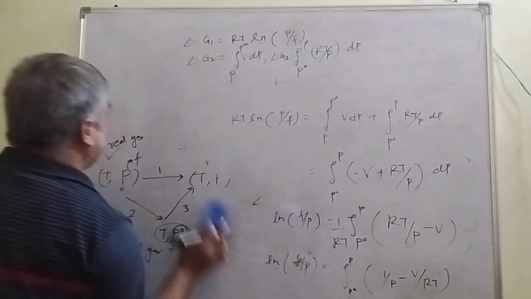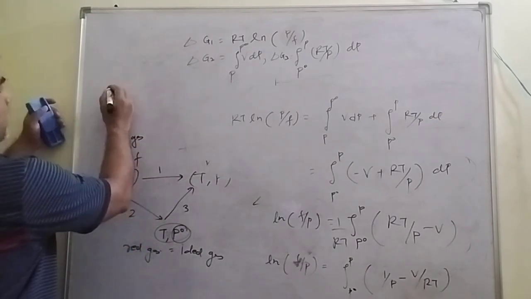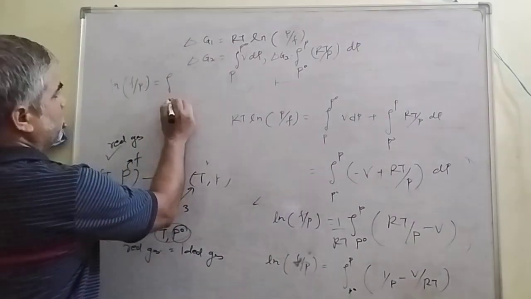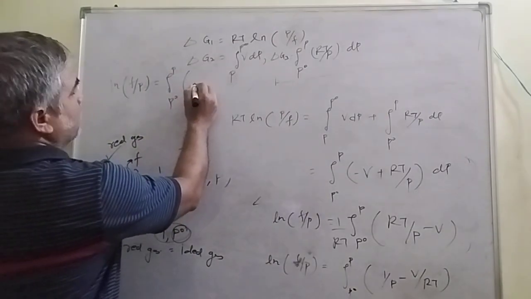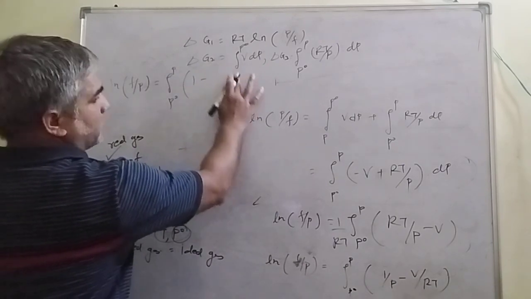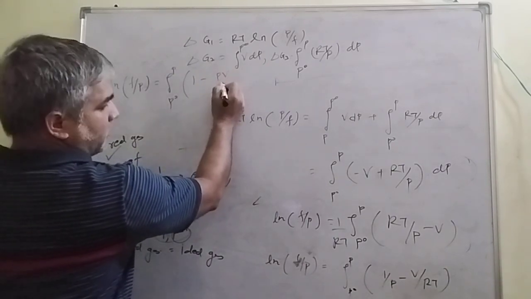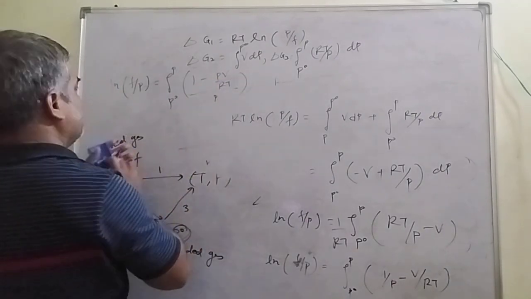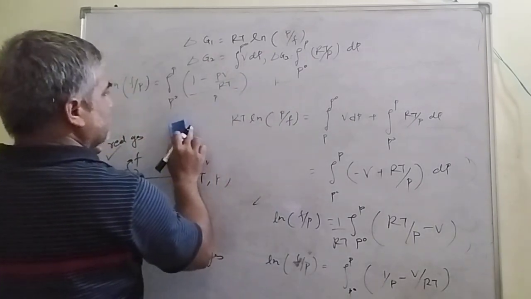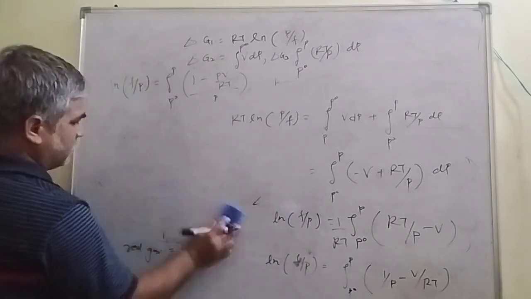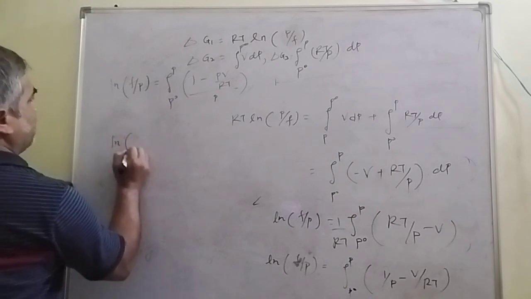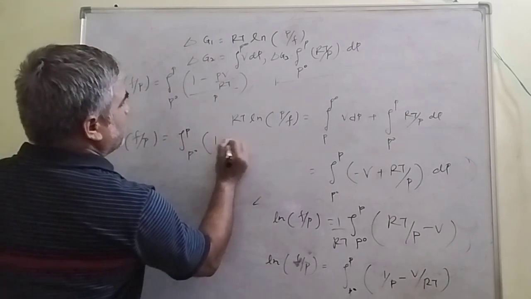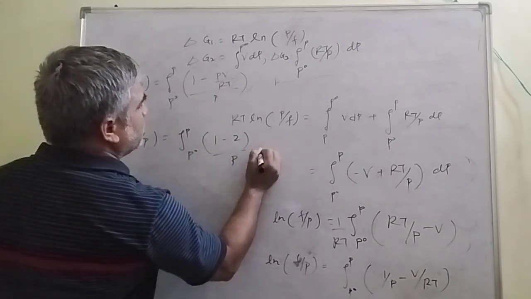Which I can easily write as ln of F by P equal to the integral from P naught to P of 1 minus PV by RT, upon P, which I can write as ln of F by P equal to the integral from P naught to P of 1 minus Z upon P into dP.